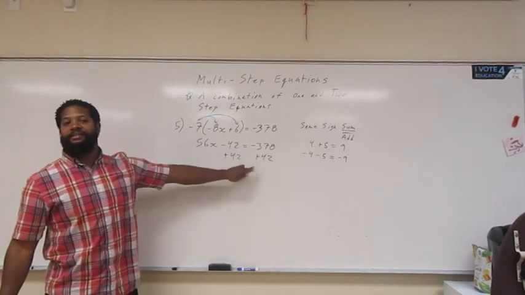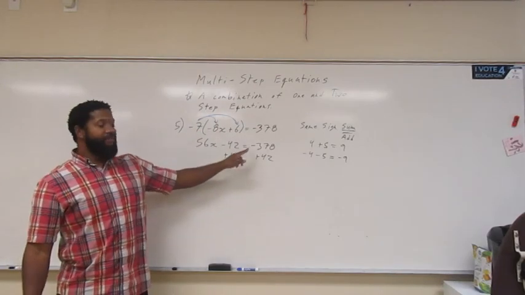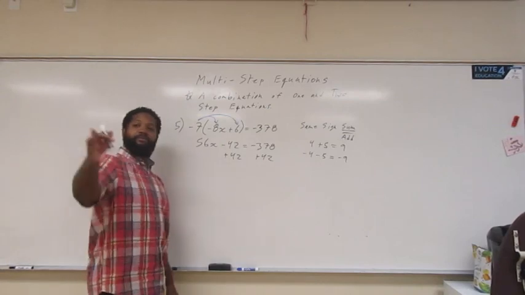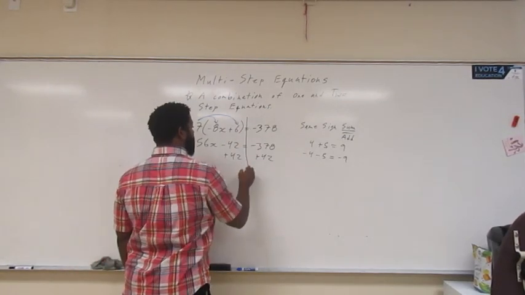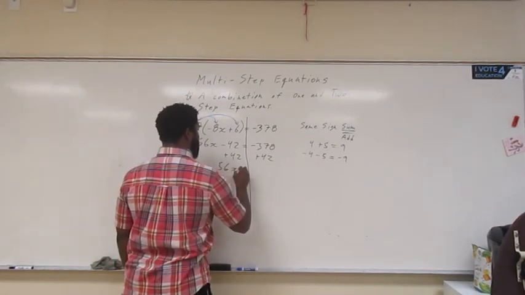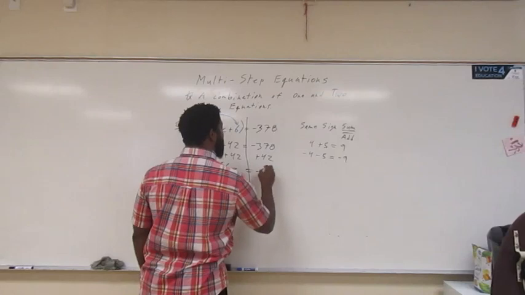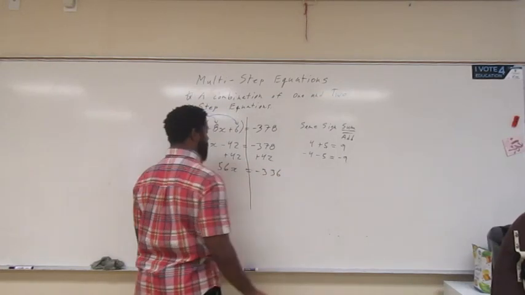Different signs, take the difference. Same sign add, same sign sum. It's going to be a negative. Yes, -336. Good job. 56x is equal to -336. Okay?